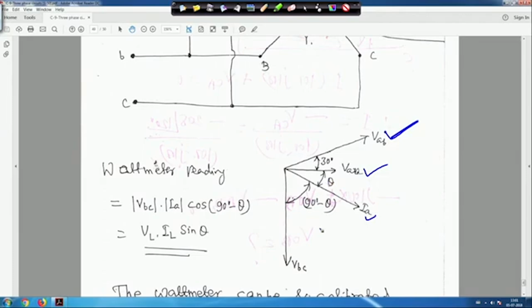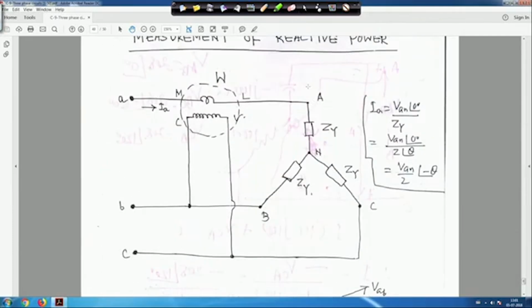But the wattmeter actually sees the current IA and the voltage VBC, and it will take the angle between VBC and IA, because the pressure coil is connected across BC. So it measures the voltage VBC and the current IA, and the angle between IA and VBC is what we need.